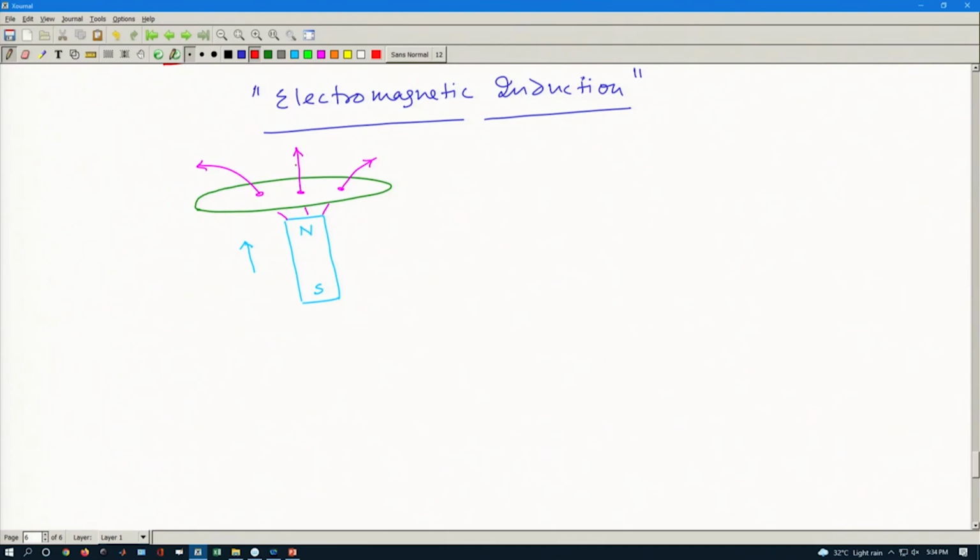Because of this change, an EMF will be induced, proportional to the rate of change of the field lines, in other words the magnetic flux. The rate of change of magnetic flux leads to the generation of EMF, and one can expect some current here because of the EMF.